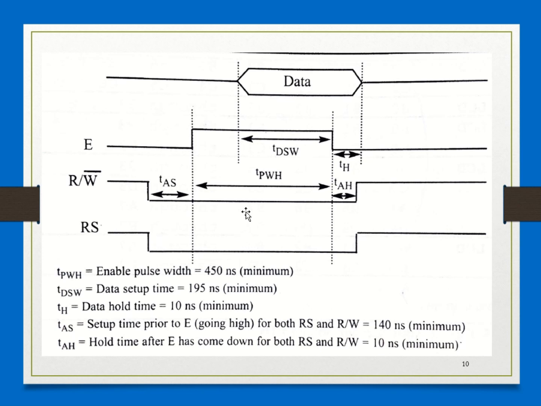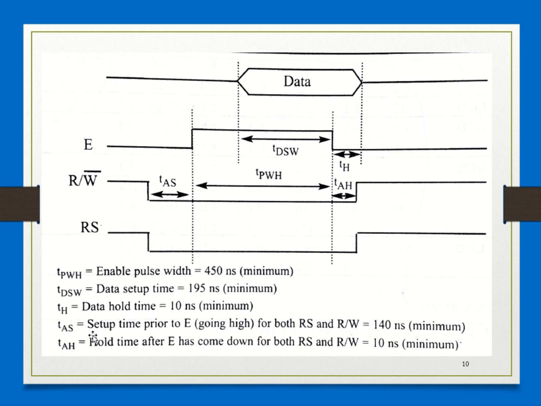So RS is 0, you are writing. Then the data is on the data line already. When a high to low pulse is applied to the E line, only then will the data be latched or taken by the LCD.